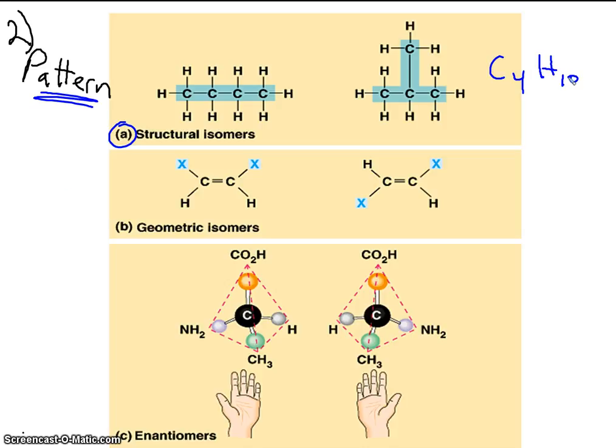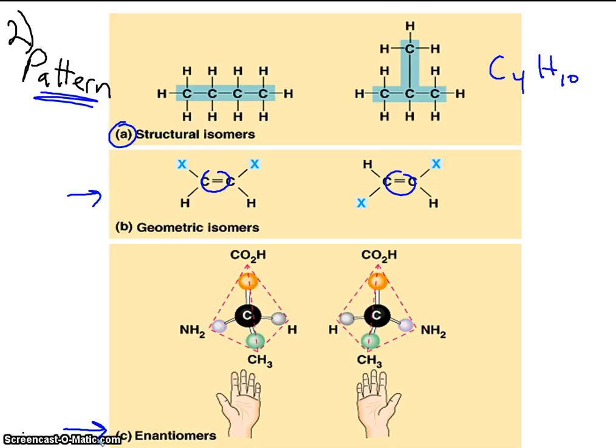In the middle, they've got the same molecular formula, but now they're rearranged slightly differently around a central double bond. The only thing here is that they're flipped top and bottom, and I'll show you a second picture in just a second. Those are called geometric isomers. And the last category is kind of the toughest, but it's the most important biologically speaking.